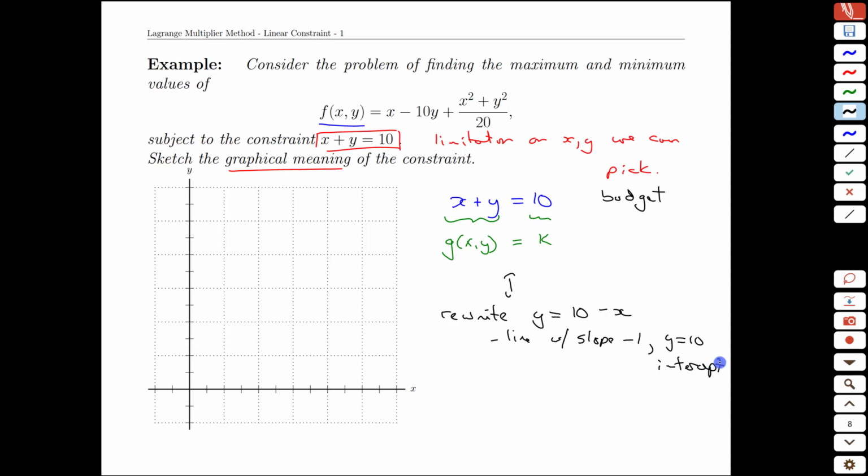So out of all the points we can pick, let's go 1, 2, 3, 4, 5, this set of points along this line is our constraint x plus y equals 10. We can choose any values we want along here. We can't choose values here because they don't satisfy that requirement.